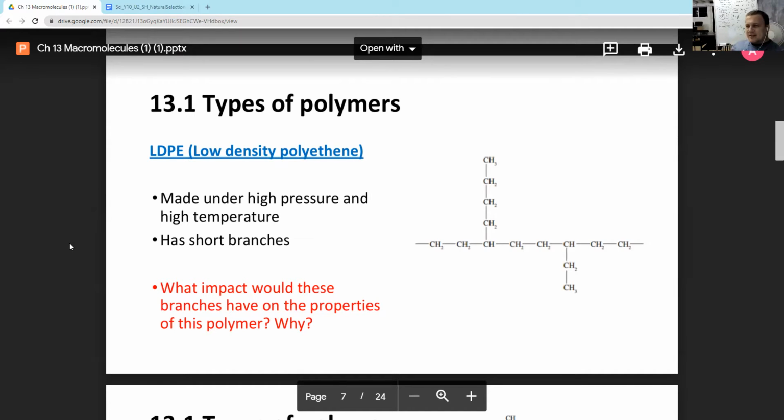So because we've got these really long branches and there's a low density, what kind of properties would you think would happen here? Do you remember back to the intermolecular forces of branched alkanes?